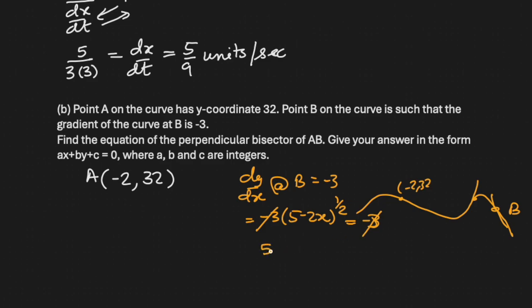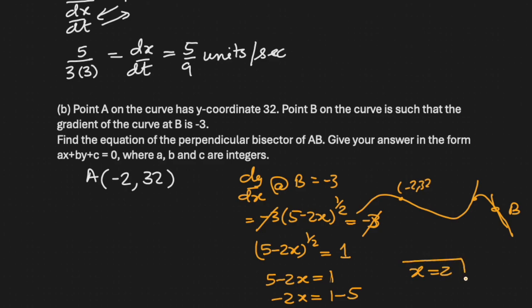So we are left with 5 minus 2x to the power half equal to 1. And we'll square both sides to get rid of this half. 5 minus 2x is equal to 1. So minus 2x equals 1 minus 5, which gives x equal to minus 4 over minus 2, 2. The x coordinate is 2 here.